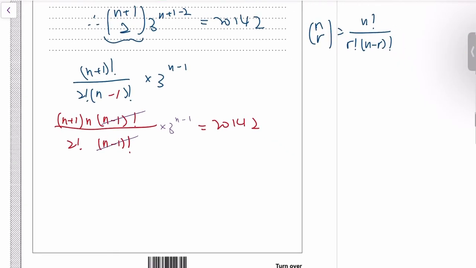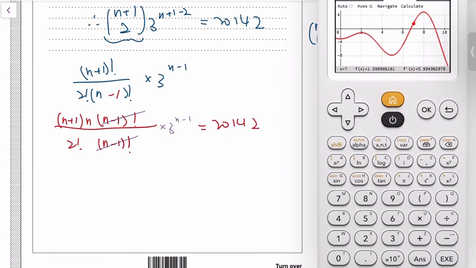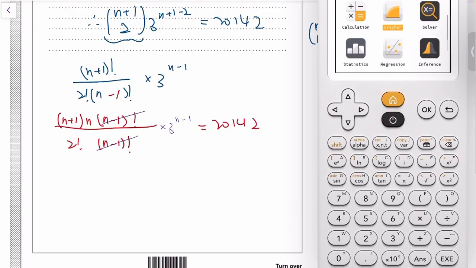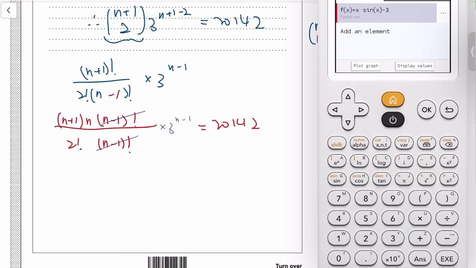Okay, this is where you use your GDC. This is one of the things of paper 2, right? You need to know when you can stop and simply use a GDC.